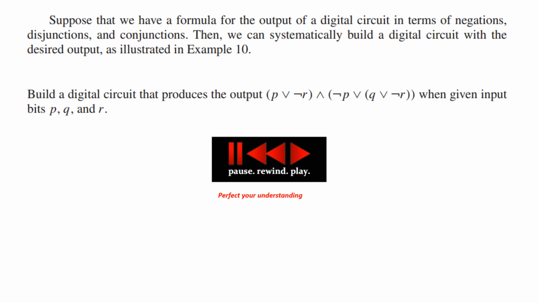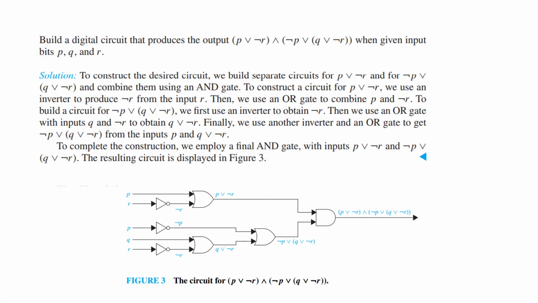So sometimes you're given a circuit and you have to find the input-output table. And other times you start with a schematic or a definition of the output, and you're supposed to build a circuit that will give you this as an output. And so you know what to do. Let's see how you did. Okay, so here is a circuit that will produce the desired outcome.